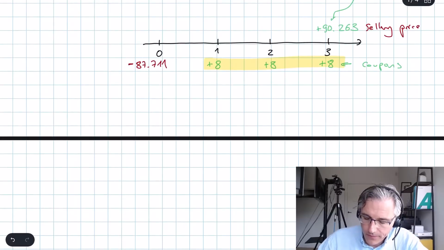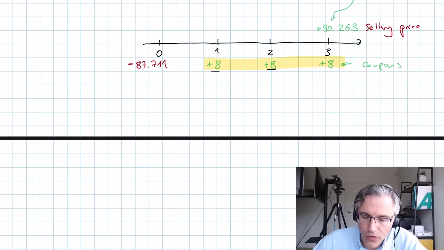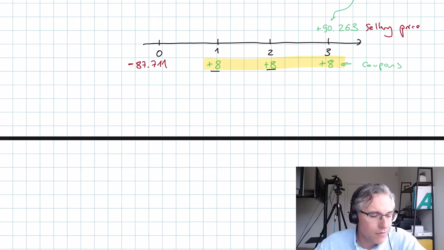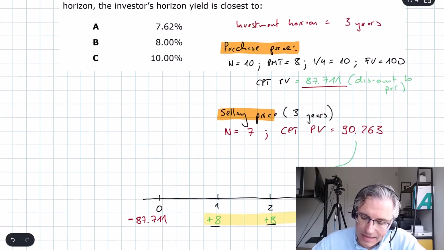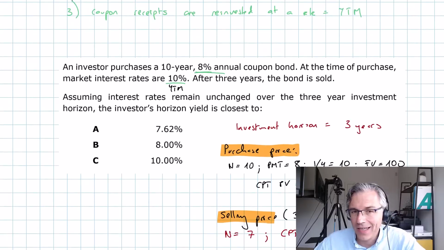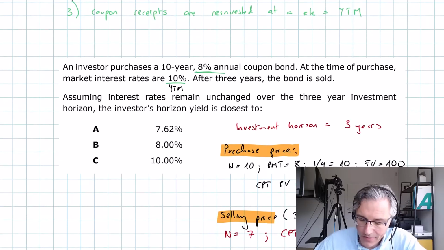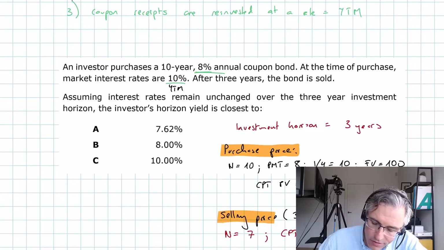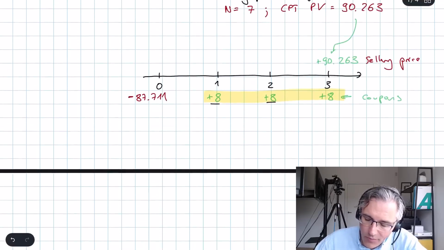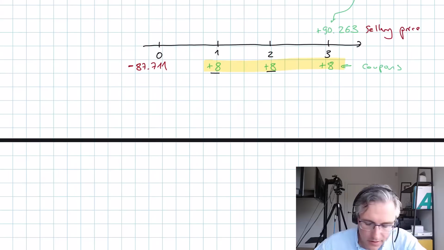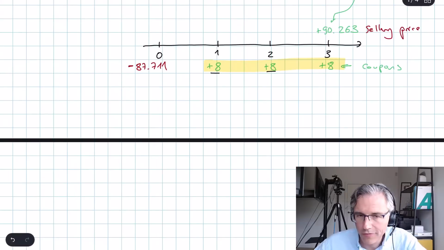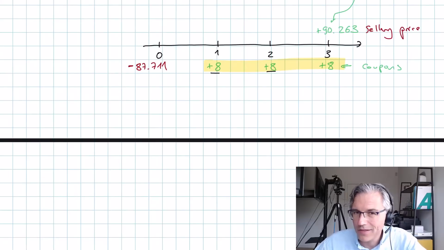Let's assume that these coupons were getting reinvested, and because the interest rate stayed flat at 10%, nothing was changing, interest rates remained unchanged. I'm going to hypothetically assume that it was possible for the investor to reinvest each of the coupons at 10% as well.